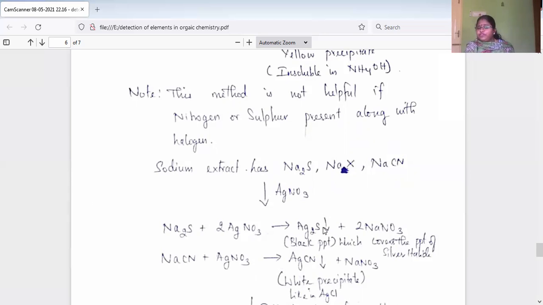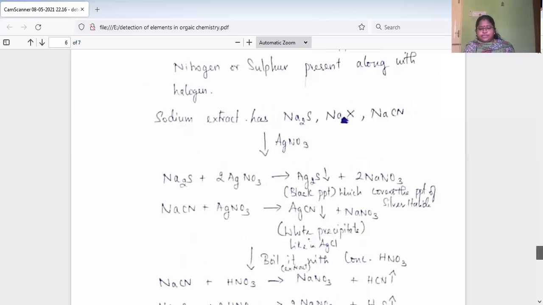Silver sulfide is a black precipitate, so it covers the white or yellow precipitate you get in the test tube, and we cannot see clearly. And if AgCN forms as well as AgCl, you cannot differentiate by color because both are white precipitates. So you don't know whether it is AgCl or AgCN, right?